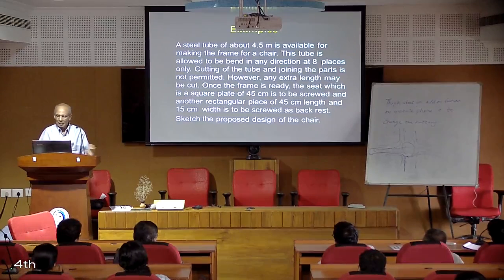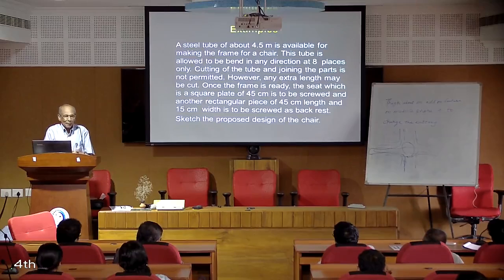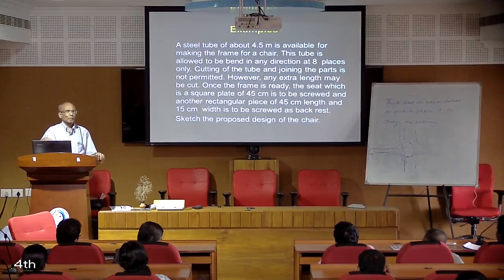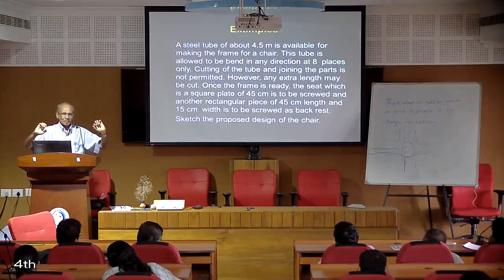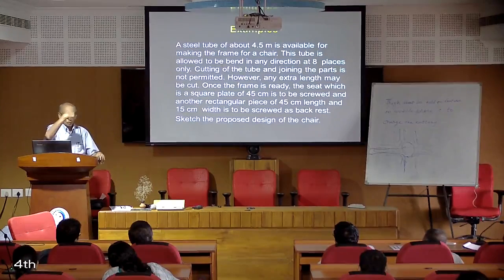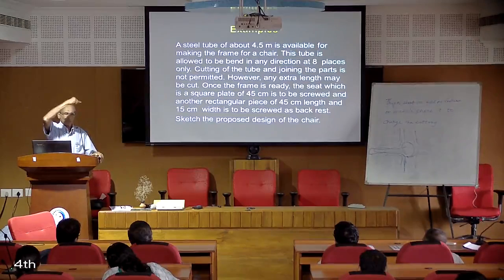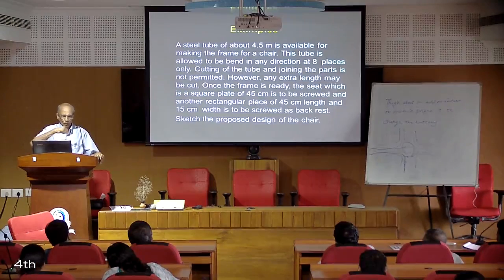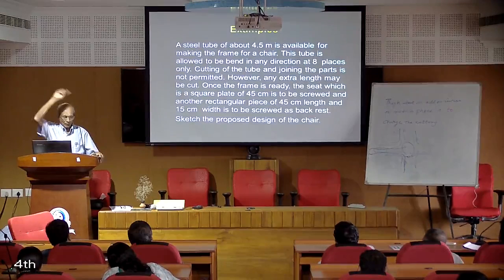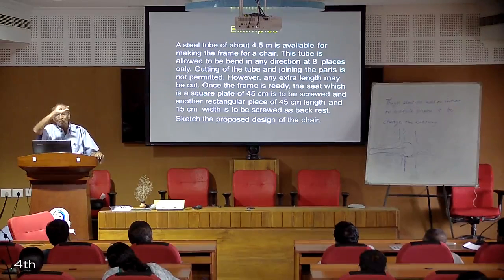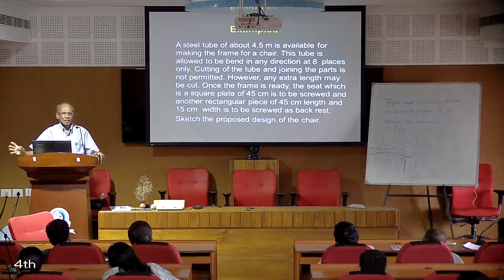So what happens is that he has to find out the bends. If you have one bend, there will be 2 pieces on the other side, isn't it? One bend means there are 2 pieces. Every bend will have 2, and then each subsequent bend will add only one more. So if you bend it 8 times, 1, 2, 3, 4, like that it will come there. So you can see how many segments will be coming in the system.